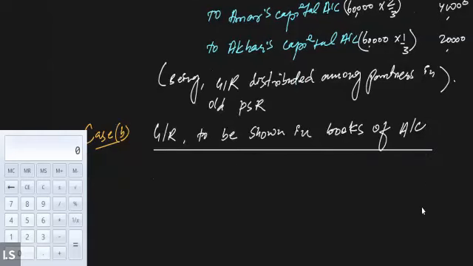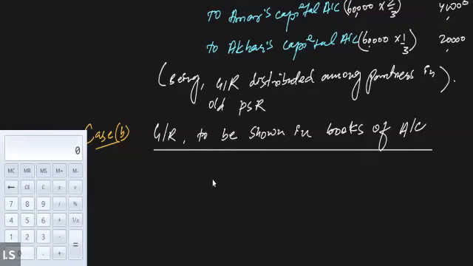Okay. For case 2, the journal entry is, as I've told you, whenever partners have decided to show it in the future books of account as well, the gaining partner's capital account will be debited and the sacrificing partner's capital account will be credited.